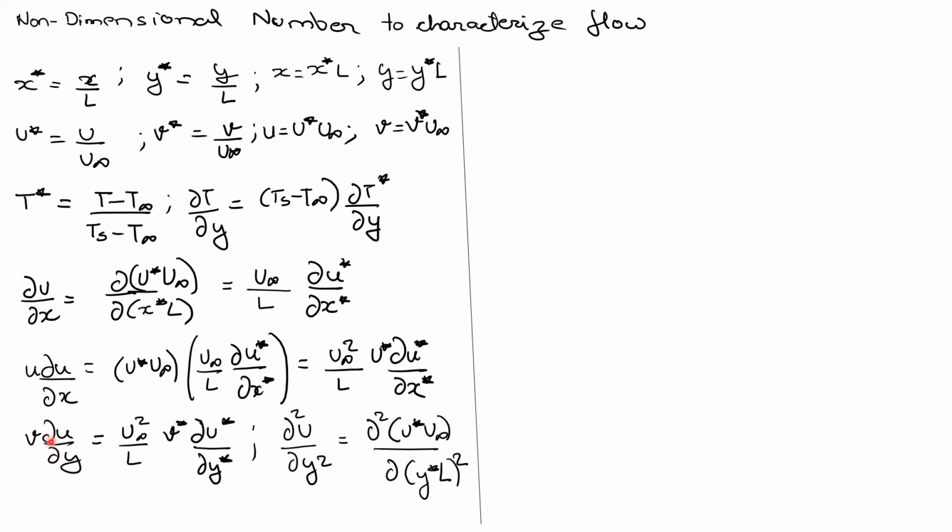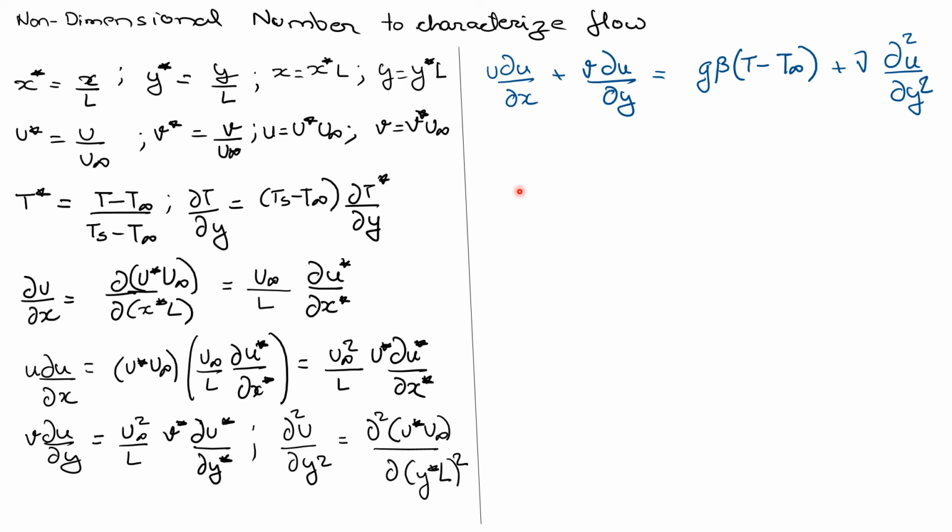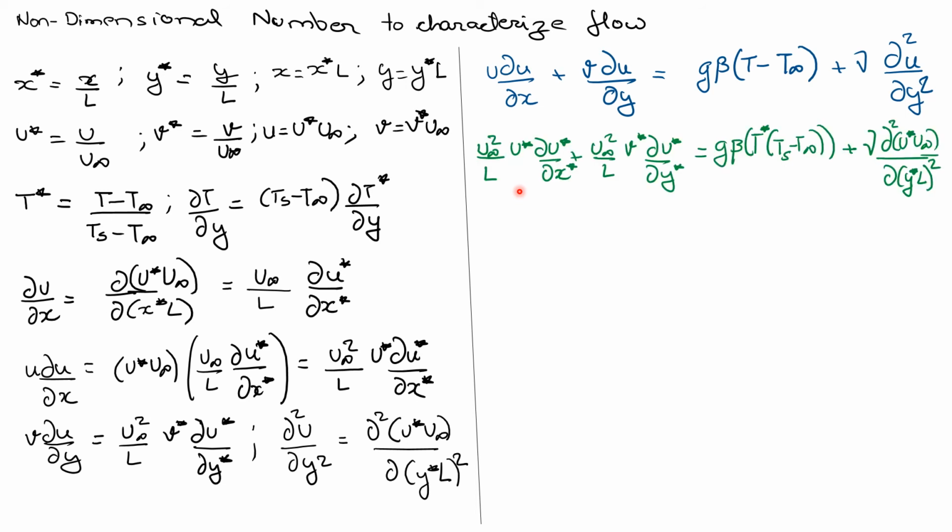And similarly, you can do the same thing for your second term on the left hand side. That's v times del u by del y, and that will give you del square u star u infinity by del y star by L square. Okay, so we have defined our terms in the x momentum equation in terms of normalized variables. So let's substitute them in the equation that we have.